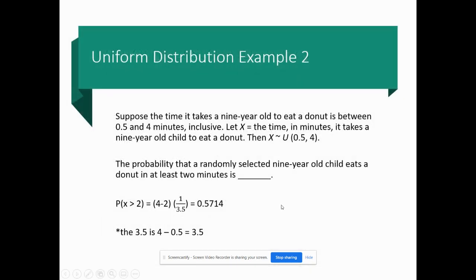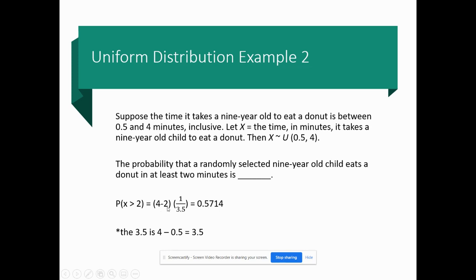Okay, let's do another example. Suppose the time it takes a 9-year-old to eat a donut is between 0.5 and 4 minutes inclusively. Let X be the time in minutes it takes a 9-year-old child to eat a donut. So then the distribution is uniform 0.5, comma 4. All right. What is the probability that a randomly selected 9-year-old eats a donut in at least 2 minutes? Remember, at least means 2 or more in this one.